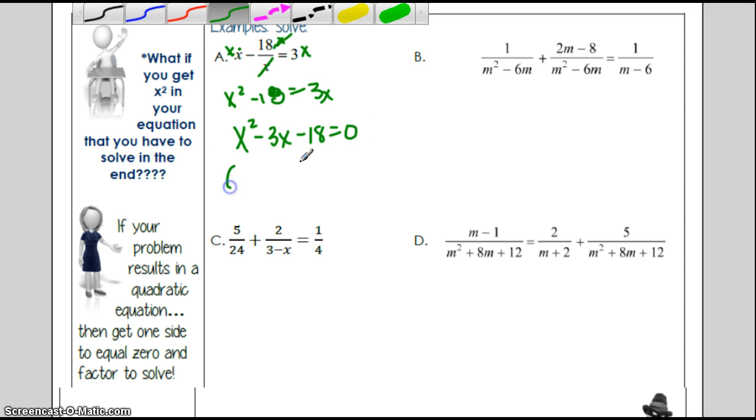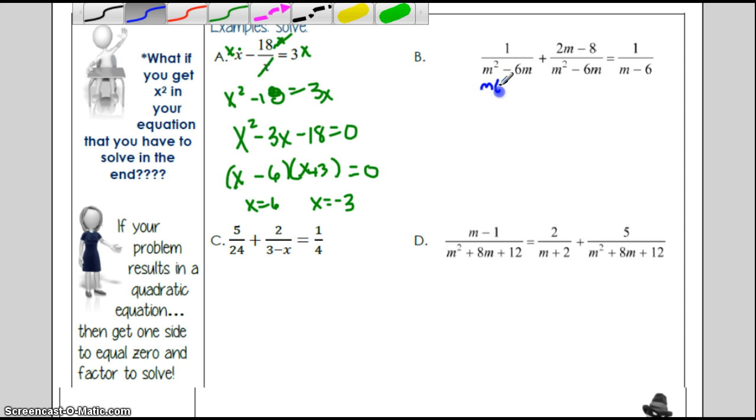Then we're going to factor and solve. Factors of negative 18 that add to get 3 would be 6 and 3, and we make our 6 negative and our 3 positive. Then we set each of those equal to 0, and we get 6, and we get negative 3 when we solve.